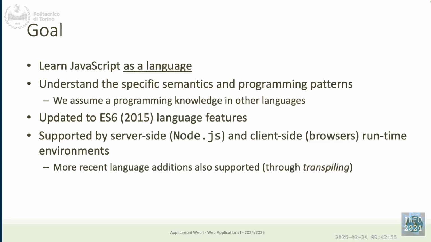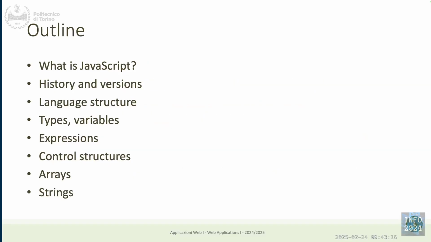So actually, in many cases, the JavaScript you write is not exactly the JavaScript that will be run by the interpreter, because there's a translation step in between. We won't go deep into this, but when we are going to work on React, we'll see that what we are writing is not exactly pure JavaScript because it involves some translation steps.